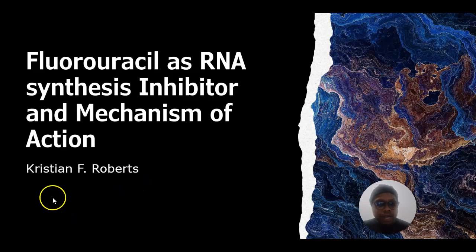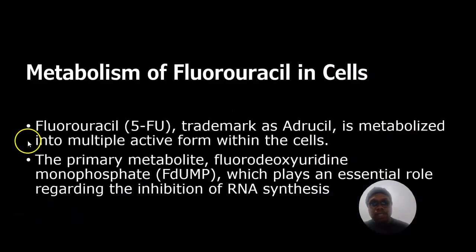So as I move on, I would like to go into the metabolism of fluorouracil in cells. Fluorouracil, like I said a few seconds ago, is a trademark Adrucil and is metabolized into multiple active forms within the cell. So basically, there are three different analogs that fluorouracil can convert into, but the most common one is fluorodeoxyuridine monophosphate.